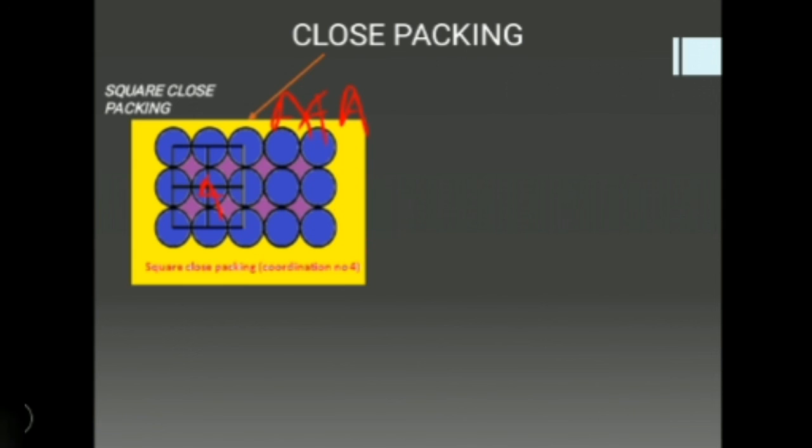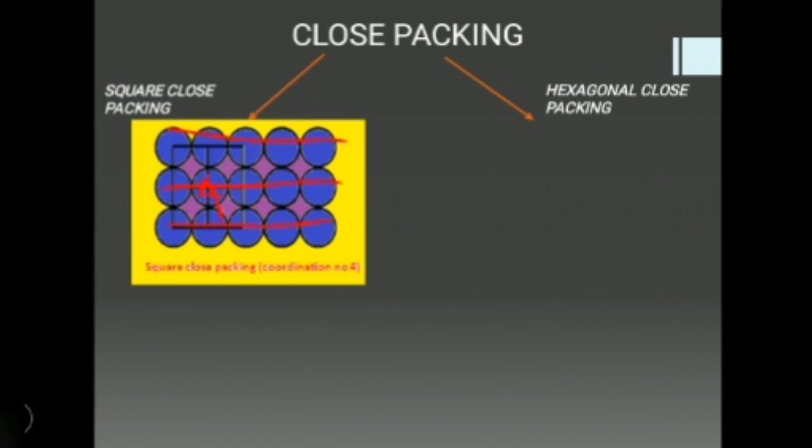All the spheres are similar, all the rows which are placed will be similar. If the first row is placed, the second row will be placed at the exact position of the first, and the third row will be placed at the exact position of the first as well as the second. Hence, they are called AAA packing.